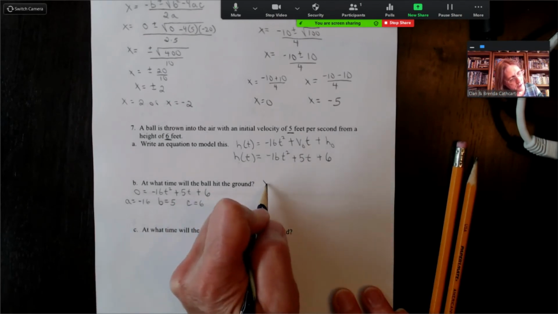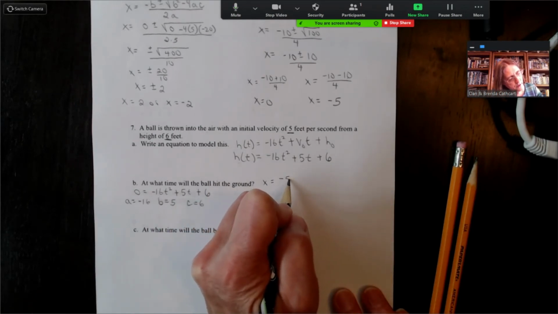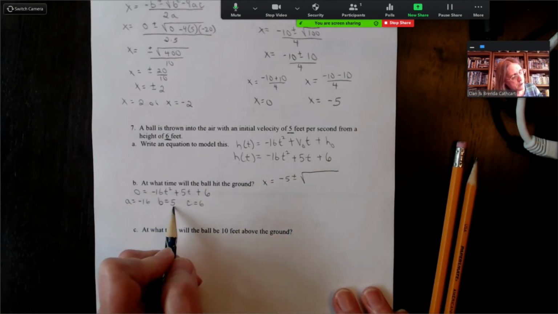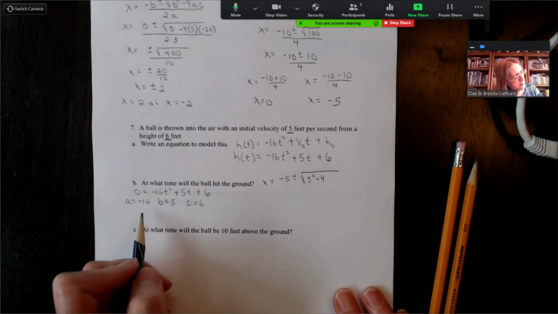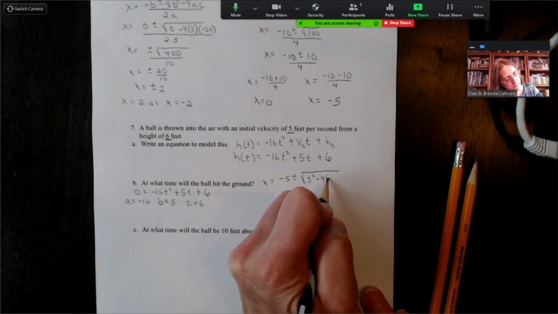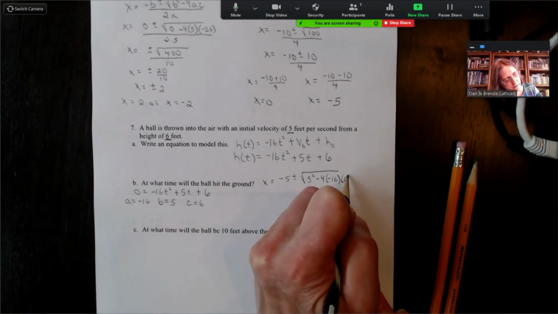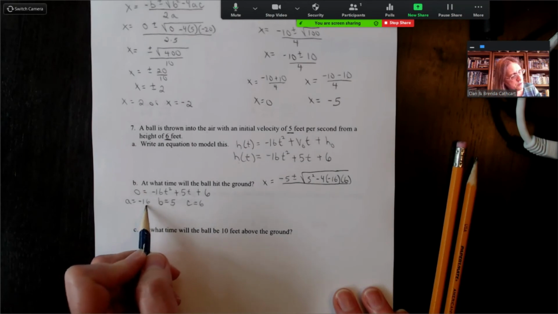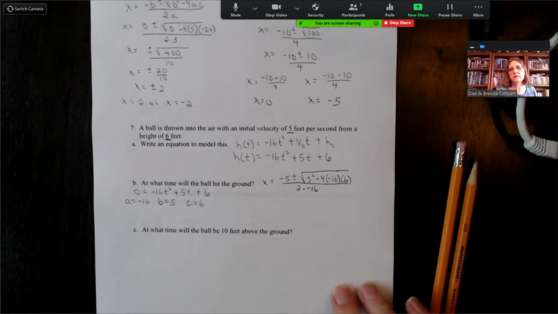We have x equals the opposite of b, so negative 5, plus or minus the square root of 5 squared minus 4 times our value for a of negative 16 times c, which is 6. And that whole thing is divided by 2 times a, 2 times negative 16.